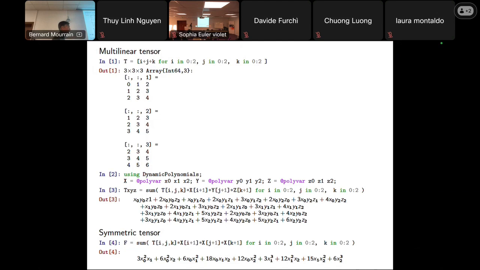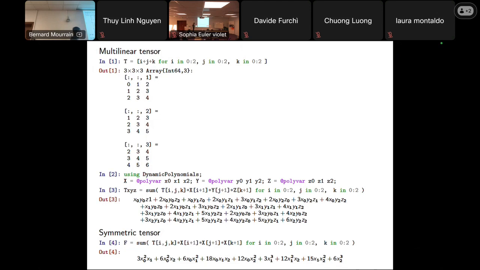Here we construct this tensor, whose entries are the sum of the indices. So this is the multilinear tensor T, where we have here the first matrix corresponding to the first slice, which is 0, 1, 2, 1, 3, 4. And then there is a second matrix representing the slice, this one, and the sum.